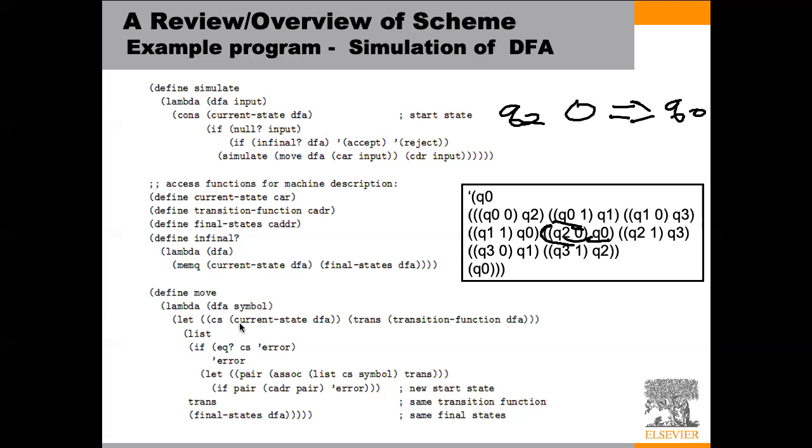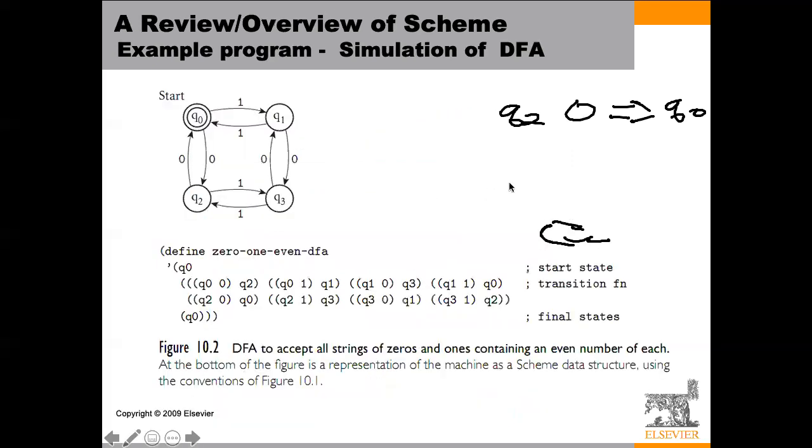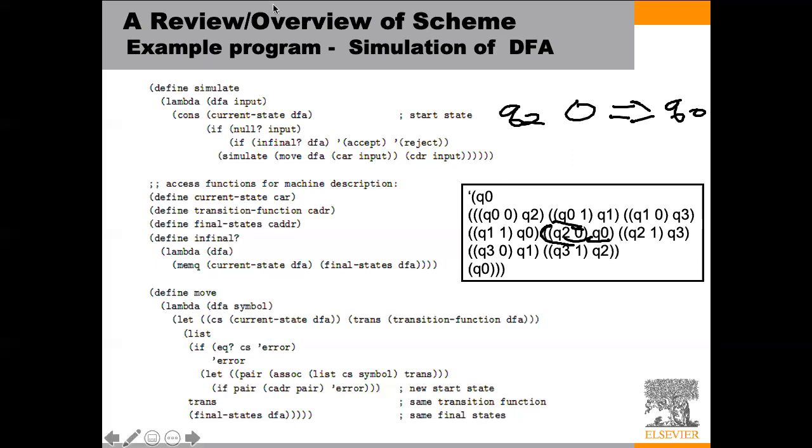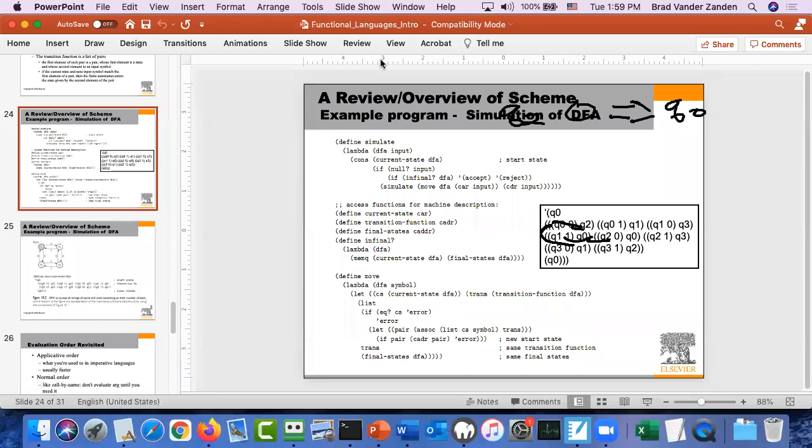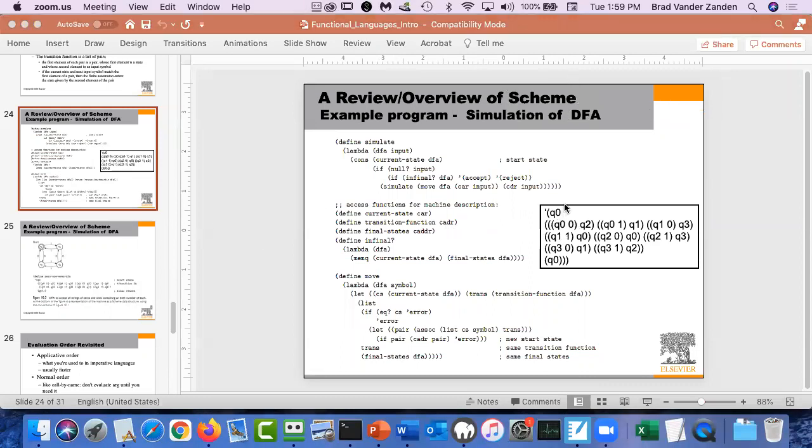So we have a let where we get the current state, CS. So for example, starting out, let's say this was Q2 and the symbol is 0.